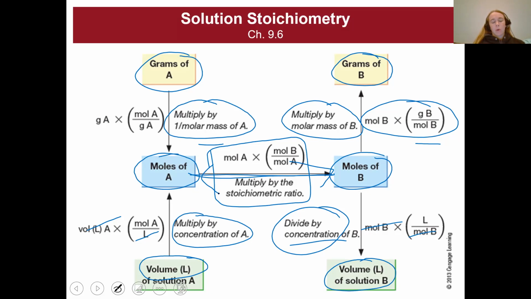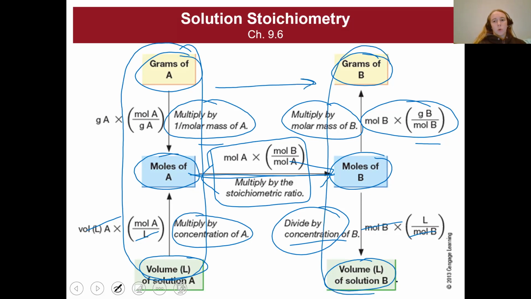You're always going to be asked about grams or volume of one substance, and you'll need to use your balanced equation to convert to moles of the other substance and then go to grams or volume of that substance. Okay? This will be your roadmap for all of these problems.